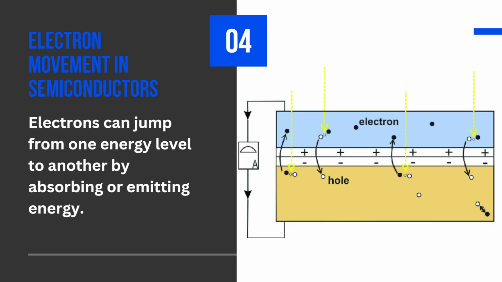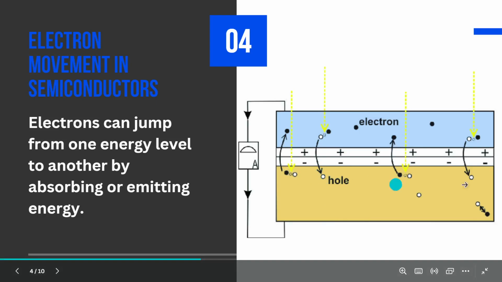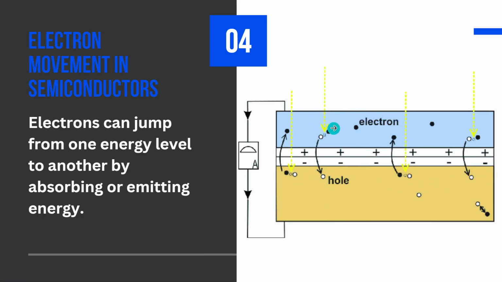As you can see in this material, this is one of the many conditions that semiconductors need to make the electrons move freely. If this electron receives energy, it is going to move from this place to the place where the hole exists. This is how electrons move within the semiconductors.